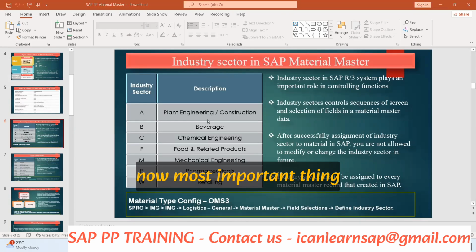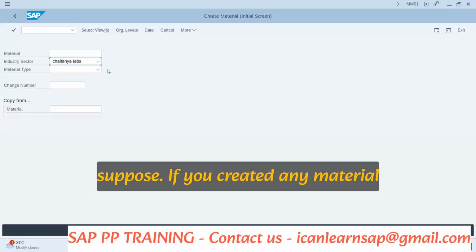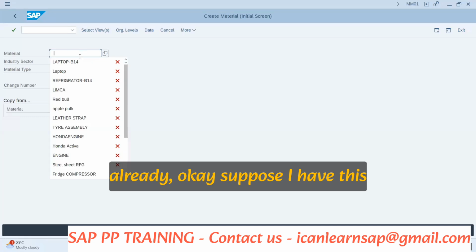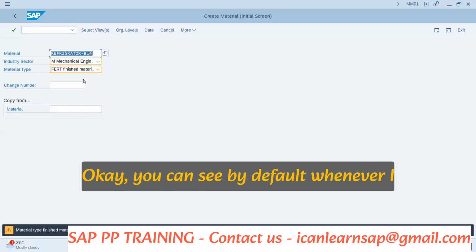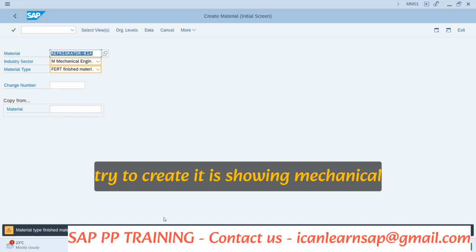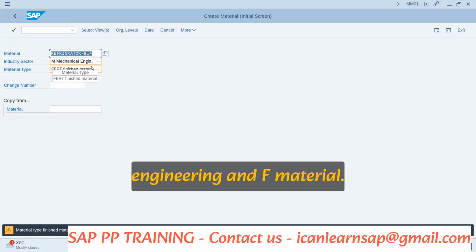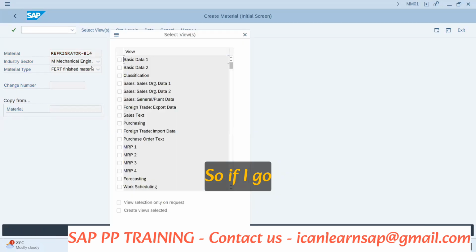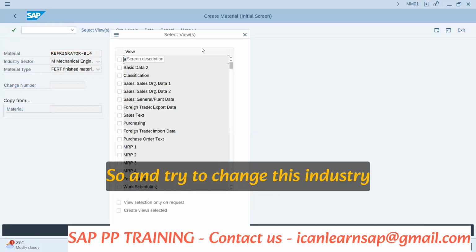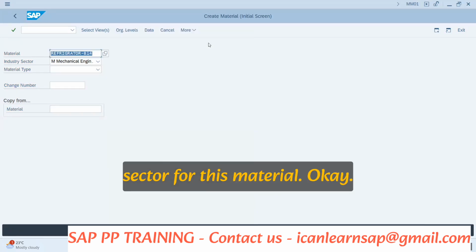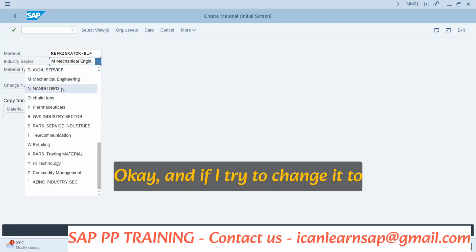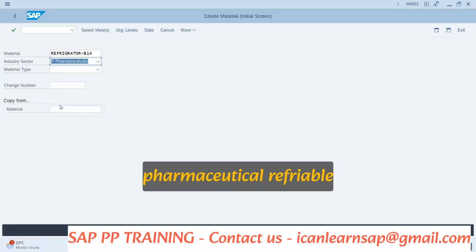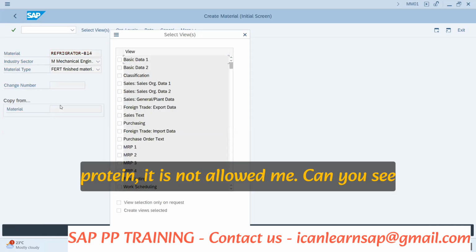Now, most important thing: suppose you created a material already, suppose I have this refrigerator, which is already created. You can see by default, whenever I try to create, it is showing me mechanical engineering and FERT material. If I try to change this industry sector for this material, which is already created, to pharmaceutical, refrigerator 14, it does not allow me.